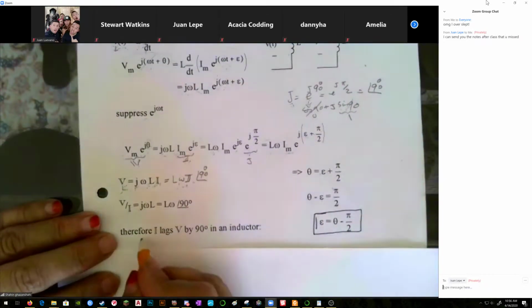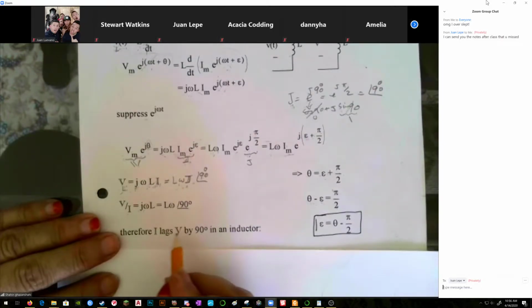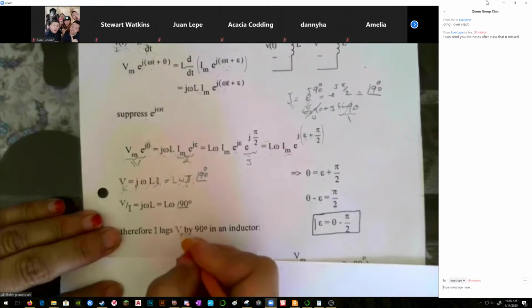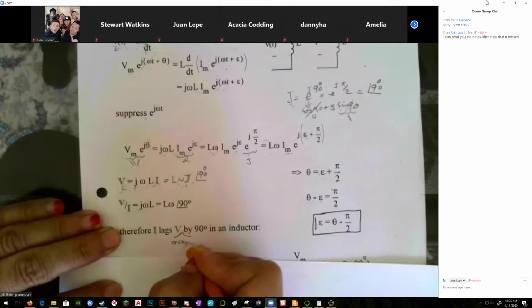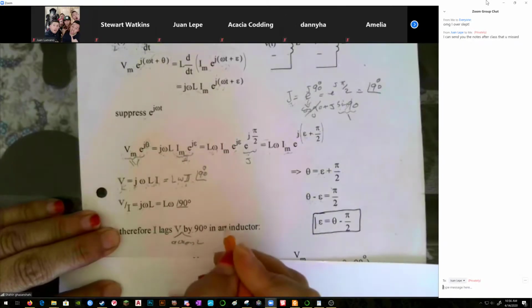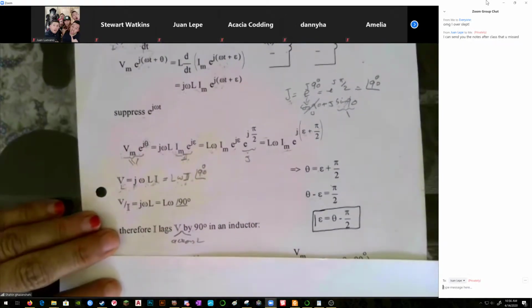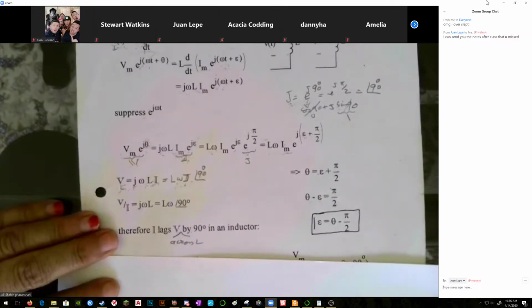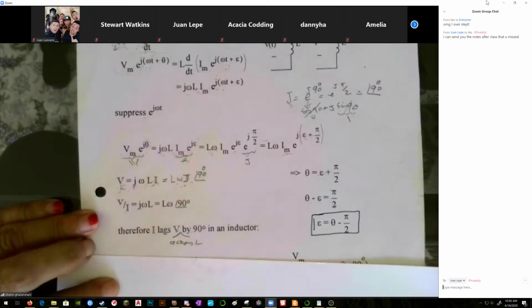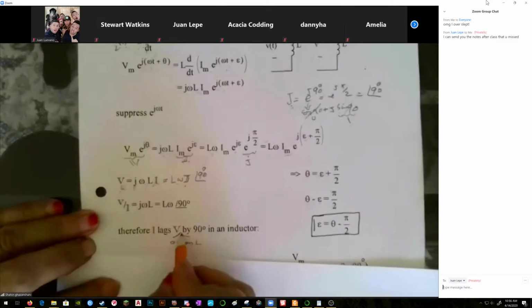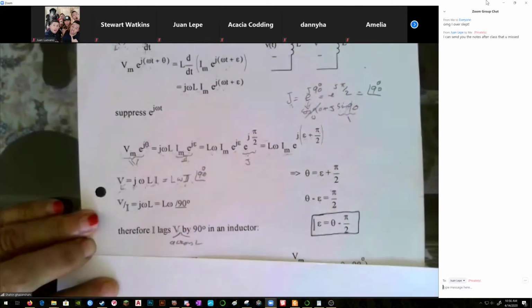That's why it says the current lags the voltage across L, because we are on the L, by 90 degrees. Or the inductor is called a lagging element. When they say the inductor is lagging, it means current lags voltage by pi over 2.